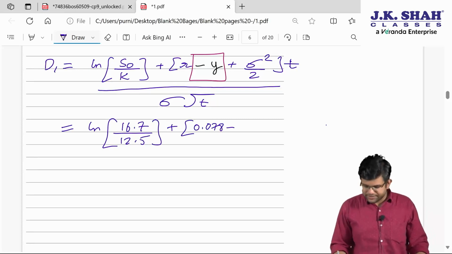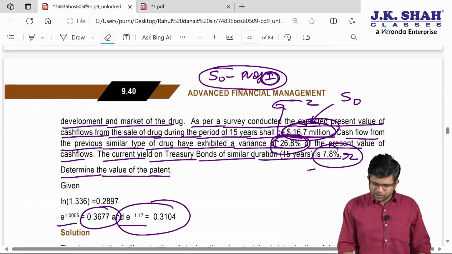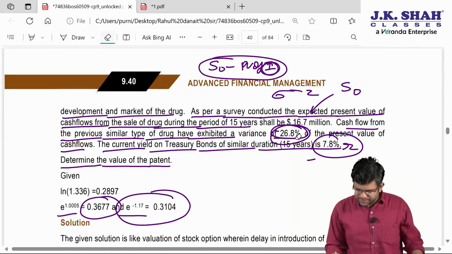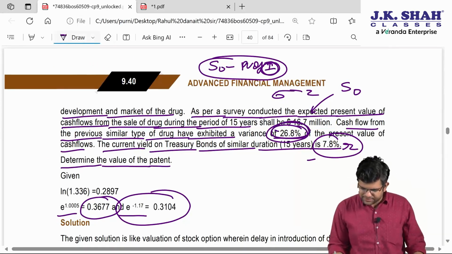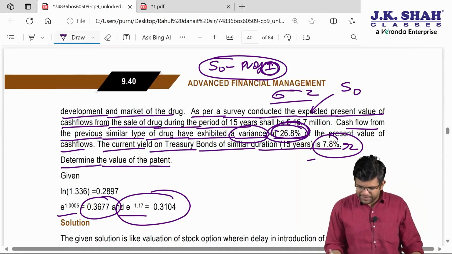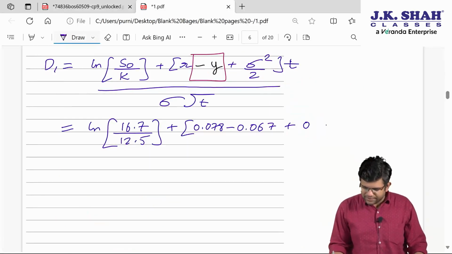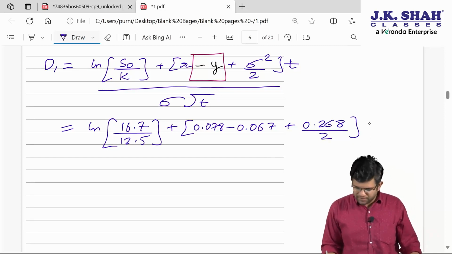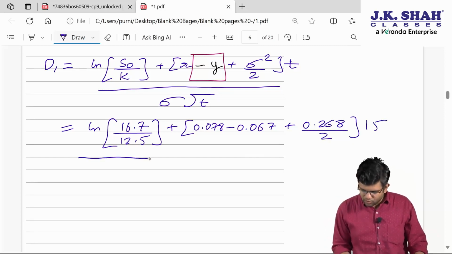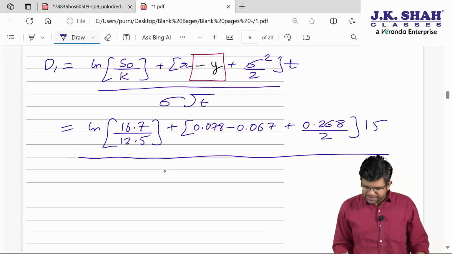Y 6.67%, so 0.067 plus sigma square. If you remember, sigma square here, can you see this 26.8 variance, correct? So 26.8 means I'll write 0.268 divided by 2, and the whole into time period is number of years, that is 15. The whole divided by sigma root t.